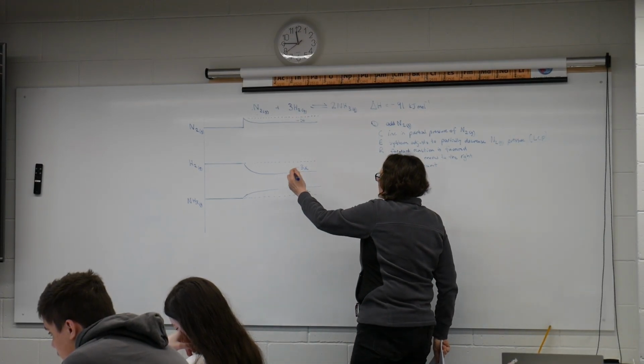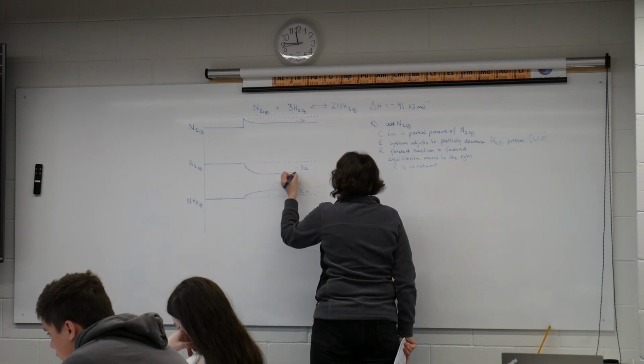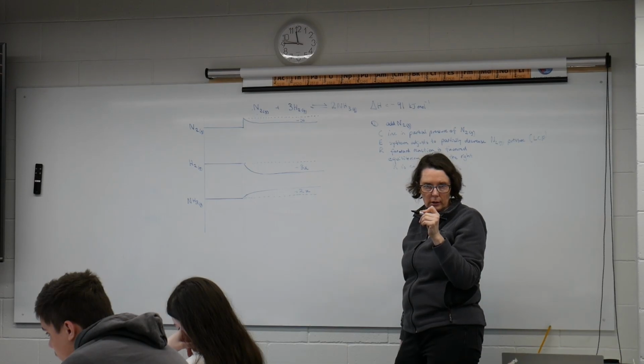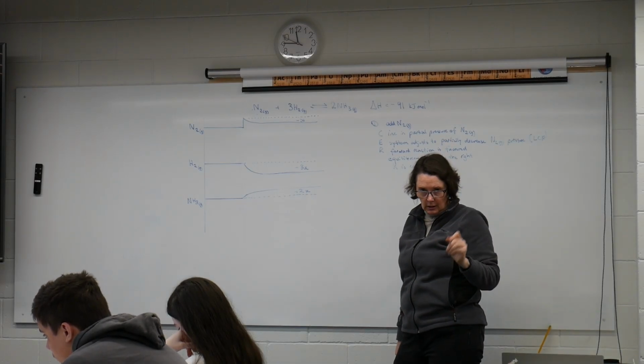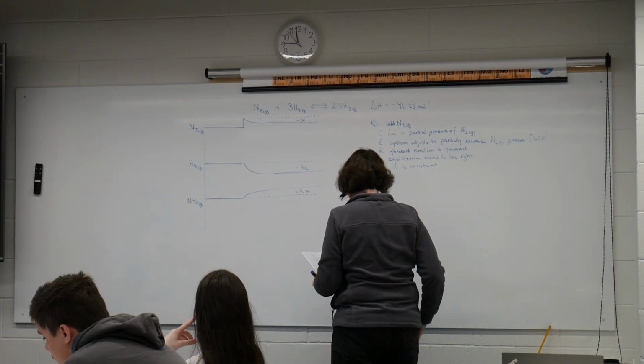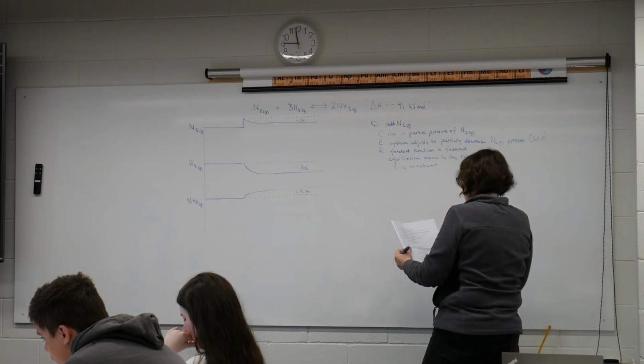They should be straight lines. So once you've reached equilibrium, wherever you decide it has been reached, you should use a ruler to make that a flat straight line. Okay, so that was change number 1.